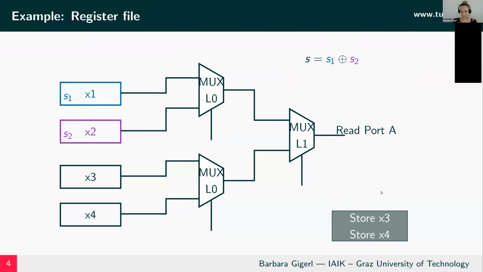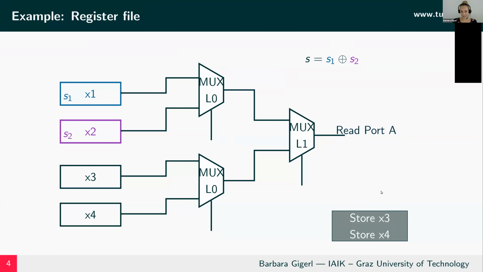For example, here we want to store x3 and then x4. When we read x3 in the first cycle, this multiplexer again has the value 1, but this one selects that the data from the lower part of the register file should be read in the end. And in the second cycle, we want to read x4.